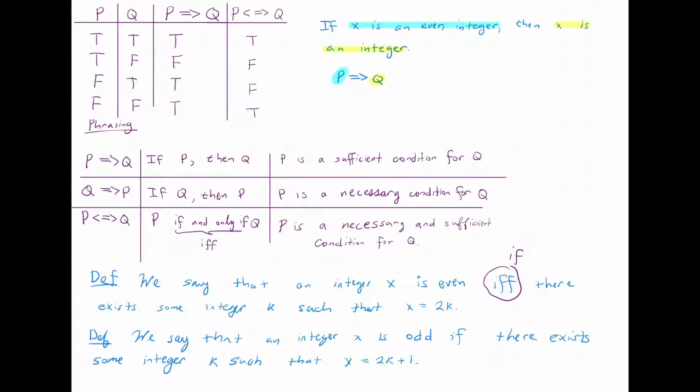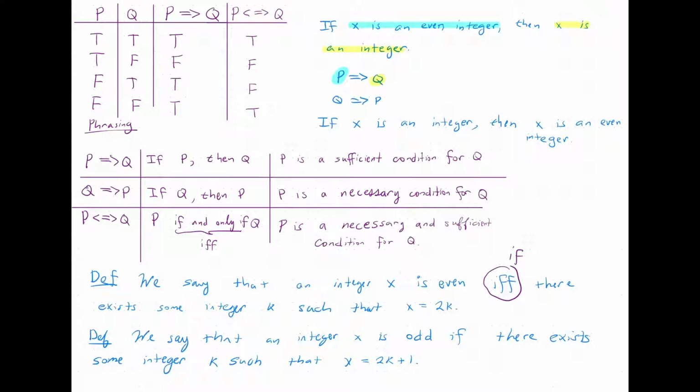But now, if we do Q implies P, this is telling us that if x is an integer, then x is an even integer. But now the premise is saying that every integer is even, which is false. 3 is not even.